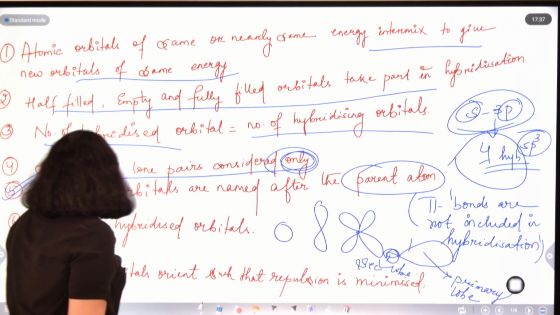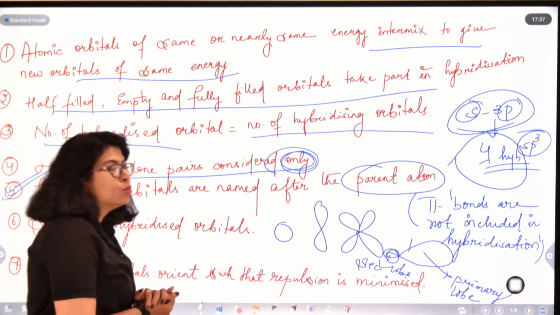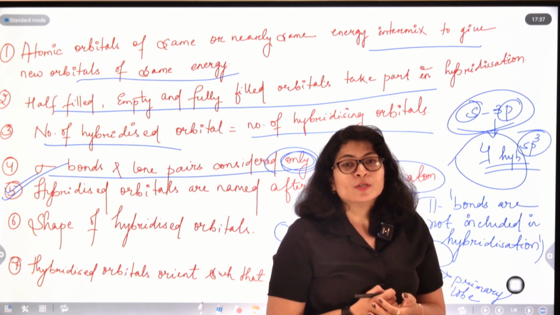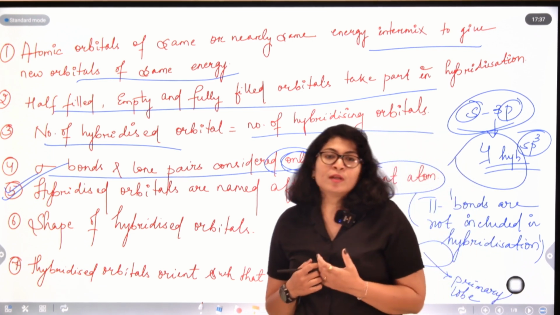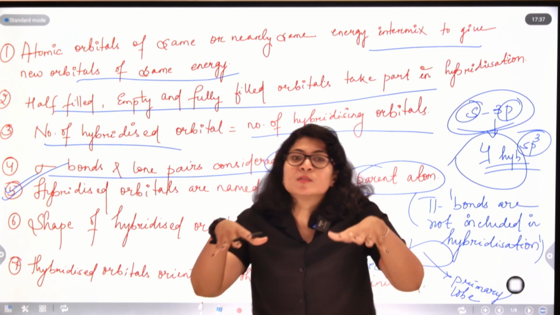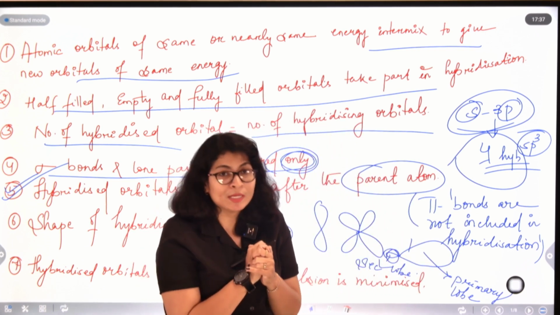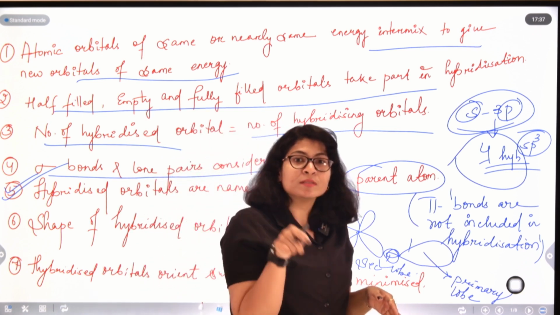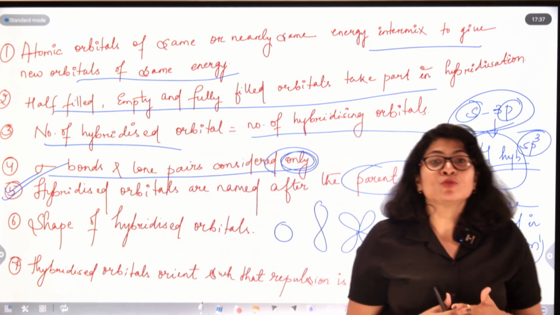Now what do these hybridized orbitals do? In order to minimize repulsion among them, since they are basically electrons only, they spread out in space so that repulsion can be minimized. That spreading out of hybridized orbitals in space leads us to the concept of geometry.